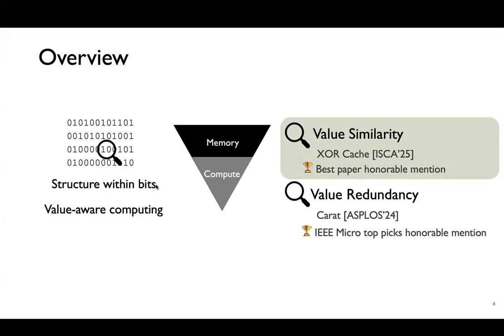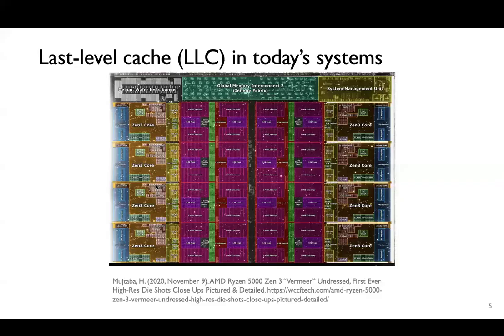So let's dive into our first work, which is XOR cache. So this work exploits value similarity in the memory, more specifically in the last level cache of the traditional CPU. So the motivation is that today's computing system allocate a significant amount of resources to caching.